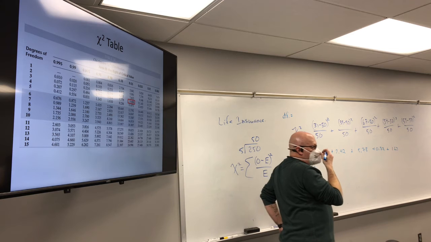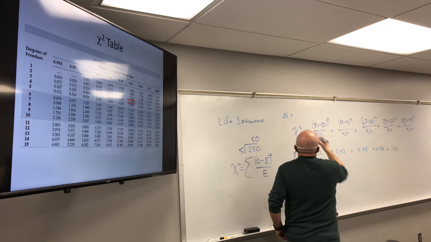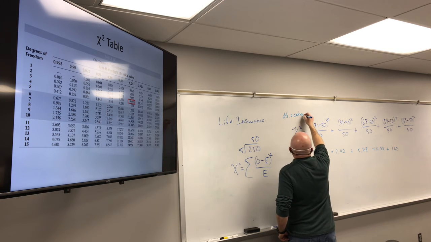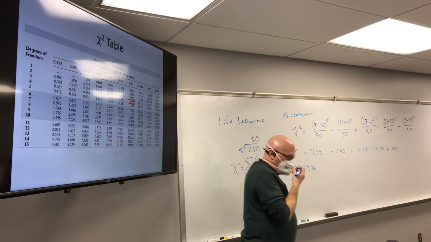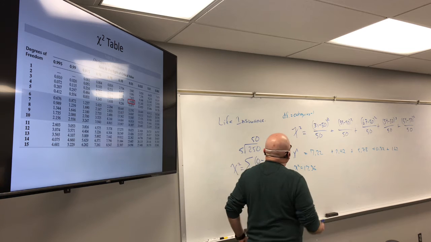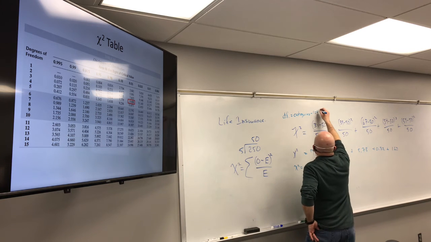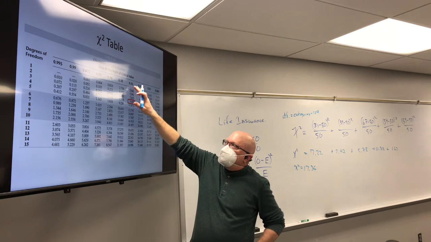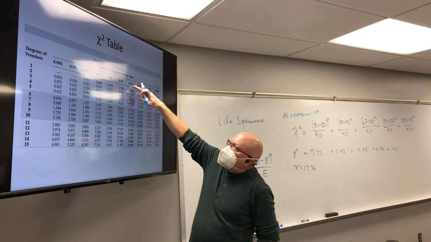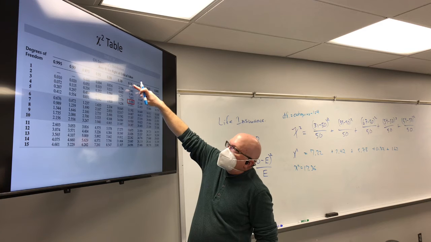The degrees of freedom is just like degrees of freedom in anything else. In this case, it's the number of categories minus 1. So in this case, we have 5 categories, and so we have 4 degrees of freedom. We want to test at the 95% confidence level, so we would go to 0.05 for alpha.